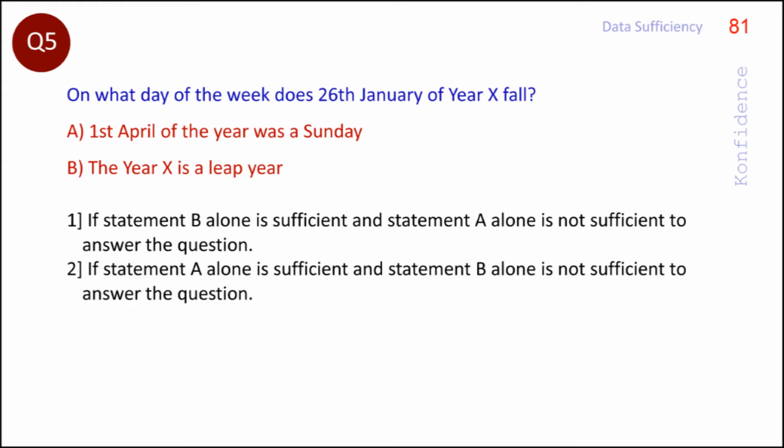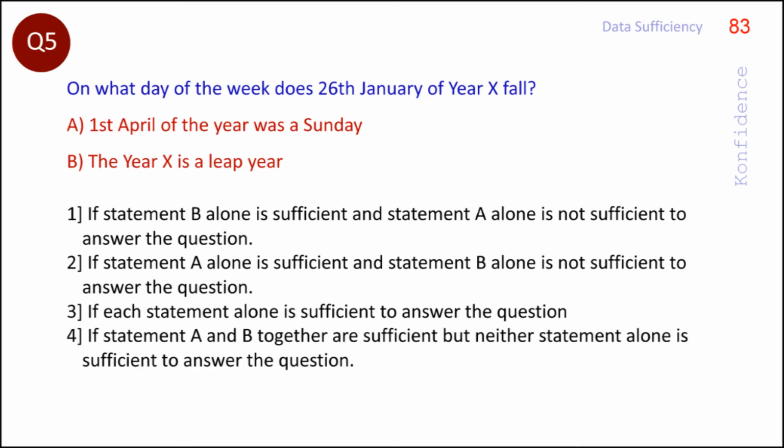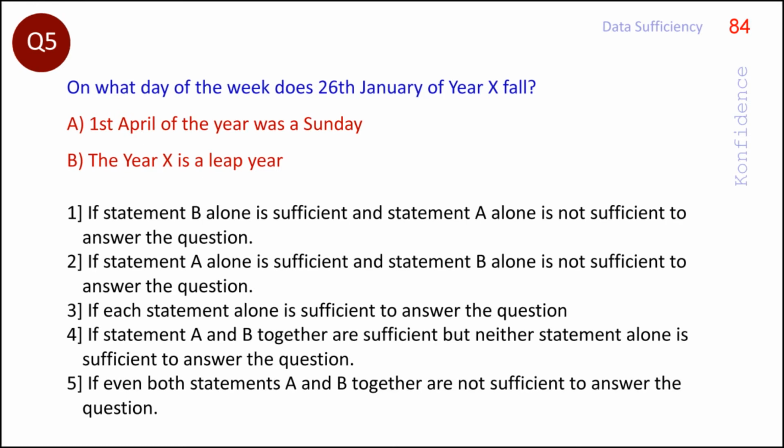2. If statement A alone is sufficient and statement B alone is not sufficient to answer the question. 3. If each statement alone is sufficient to answer the question. 4. If statement A and B together are sufficient, but neither statement alone is sufficient to answer the question. 5.